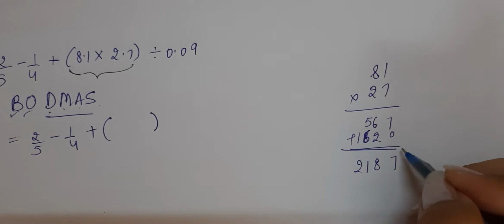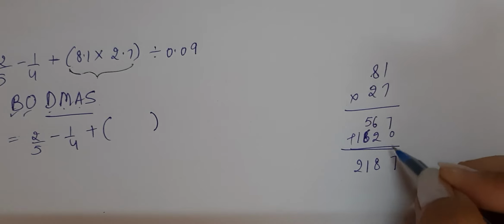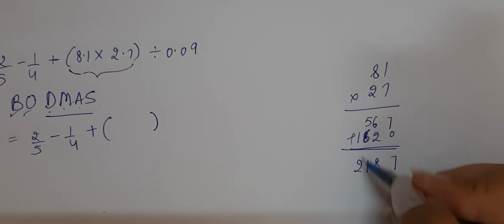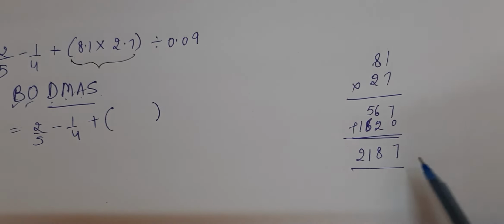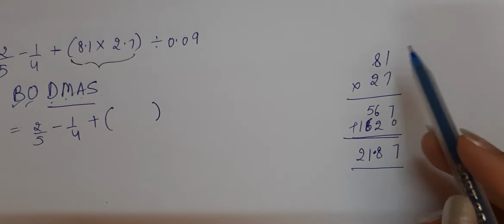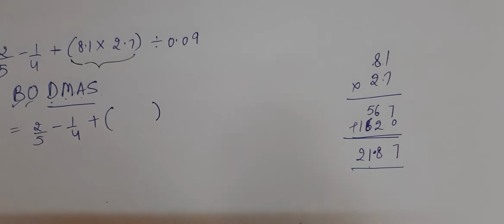Now 1, 6, 2, 0, 5, 6, 7, and when we add, I will get the answer 2187. Now I will put the decimal point. As it is 8.1 and this is 2.7, it will be 21.87.